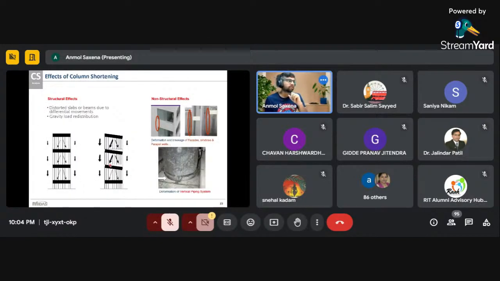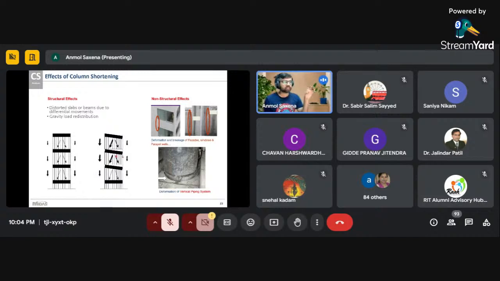Okay. Now, what are the adverse effects which column shortening causes? As I said, the beams which will be in an inclined position will have additional forces, and then we will design those buildings for the additional forces. That is the concern. Other than that, it will also have structural effects, like distortion of the slab or beam or the walls.